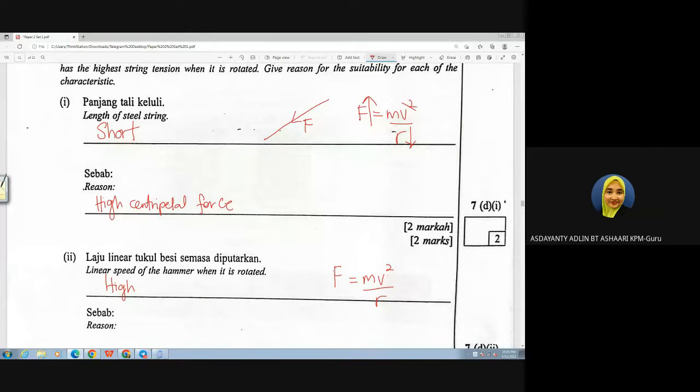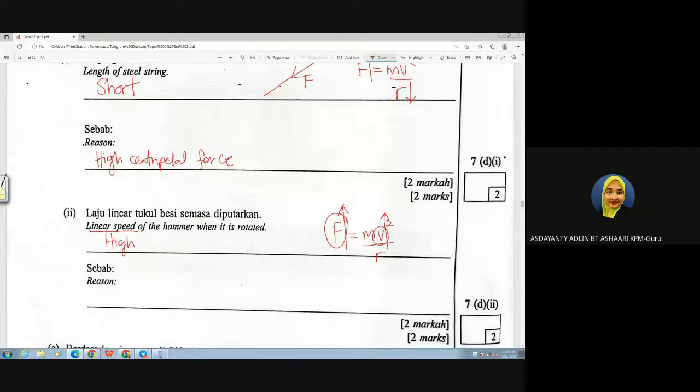Okay, so v, they ask about the v, the linear speed. Okay, v higher. So, kita boleh guna ni F ni as our reason. F also higher. So, F tu apa tadi? Centripetal force. So, the reason, high centripetal force. It will produce high centripetal force.